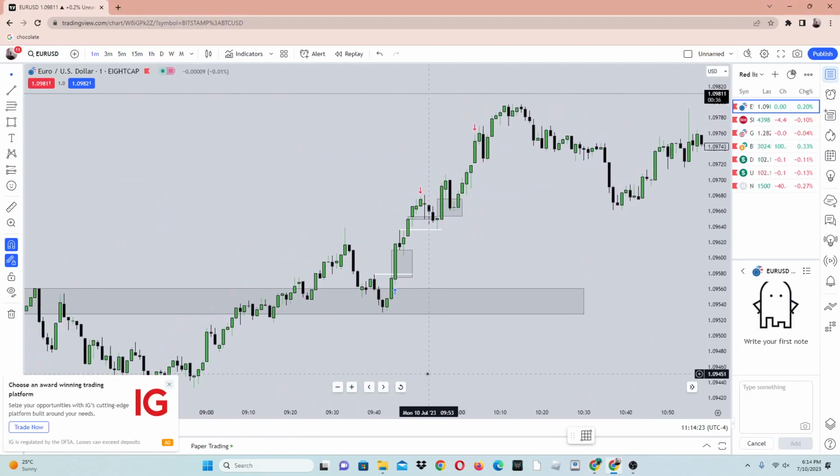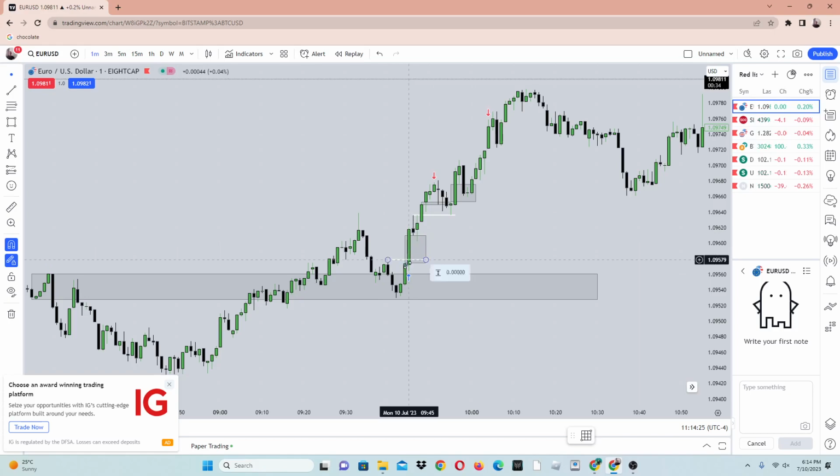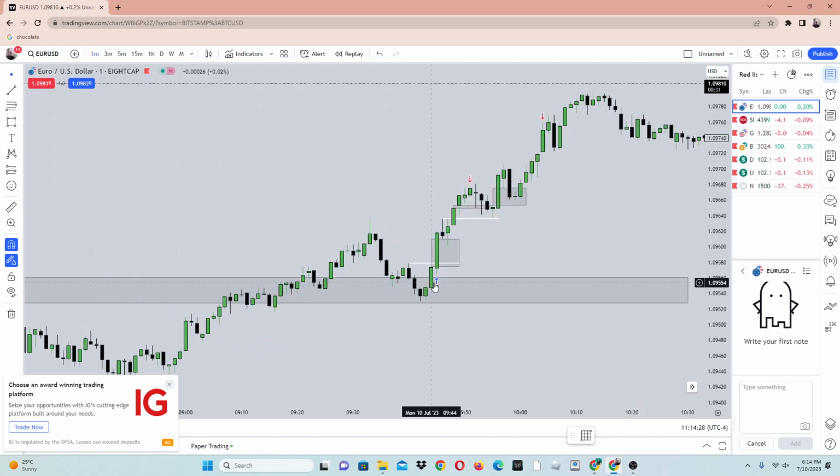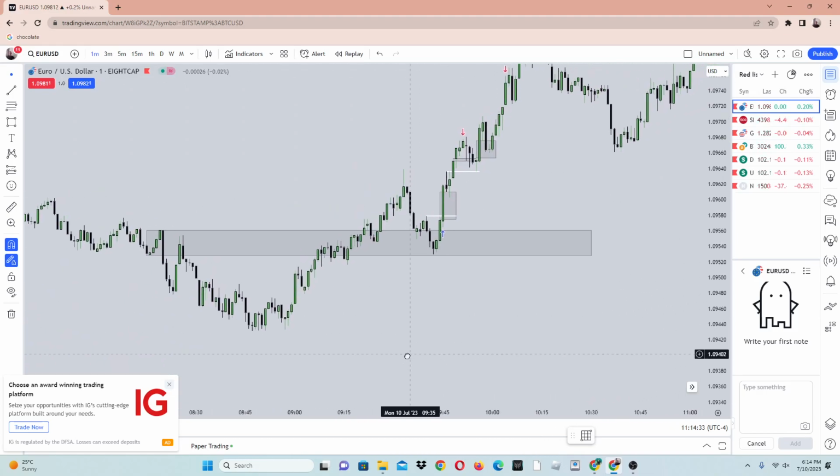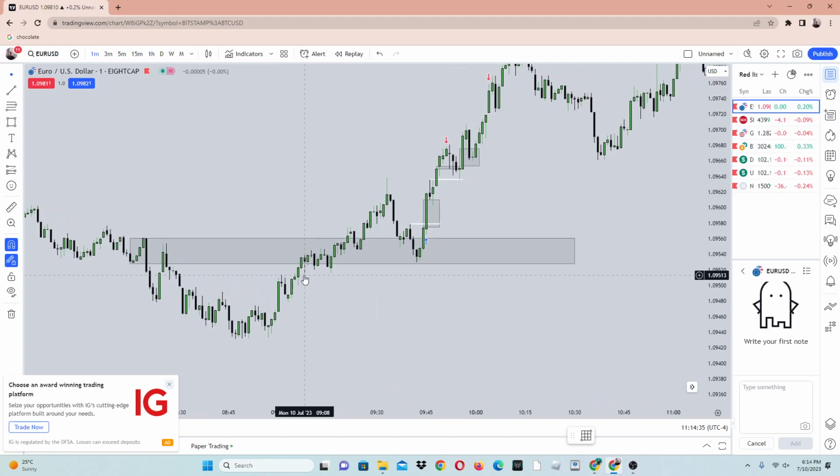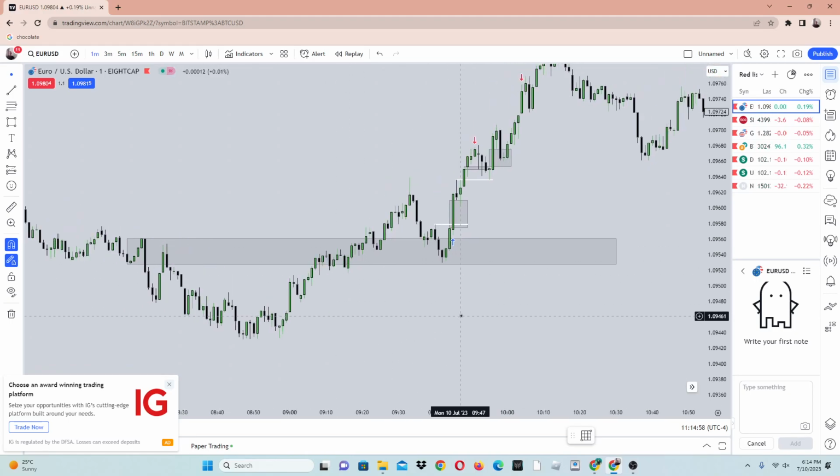I didn't manage it very well. I entered, so this is my entry here, because I don't want to put my stop loss right here. I entered right here to put my stop loss here. Okay, but if I had more confidence in my breaker that I marked, I would have entered on this up-growth candle, and my stop loss would be the low right here, since we have a break in market structure.